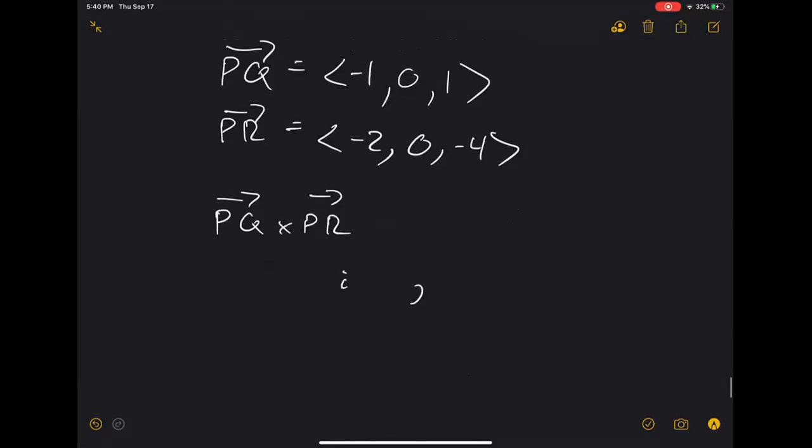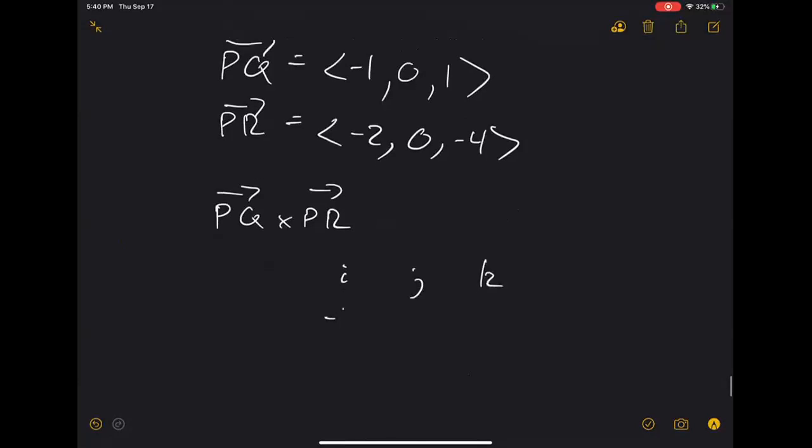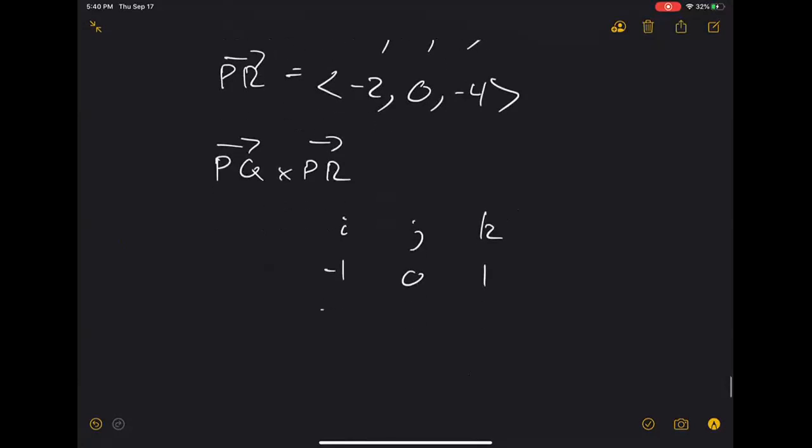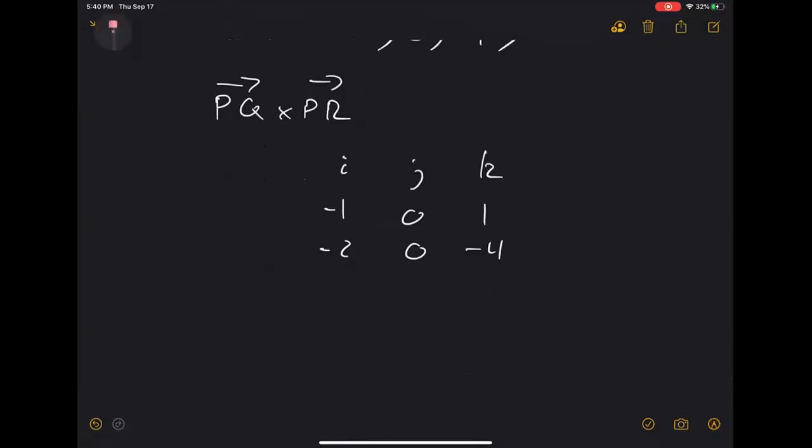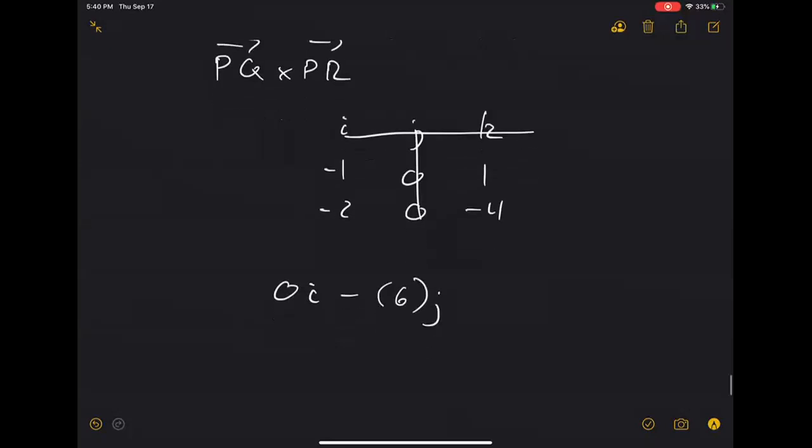Okay, I set up my cross product. Let's see, I would have 0i, right? Minus j, well, let's see, I cross this out. I get +4 plus 2, 6, so minus 6j.